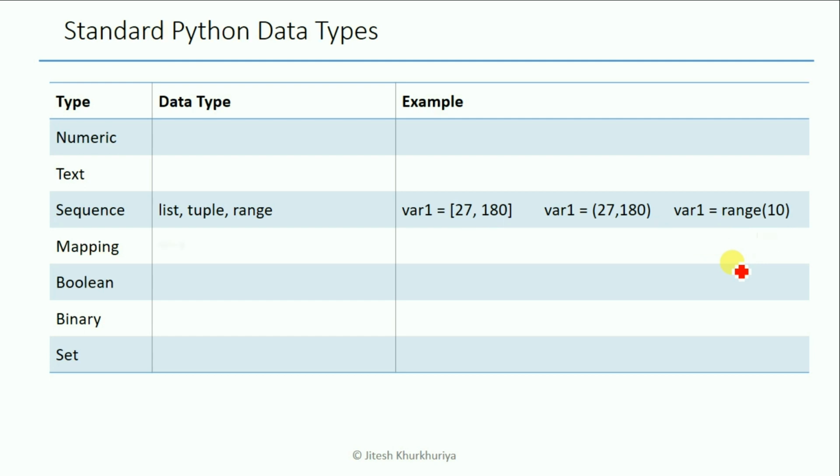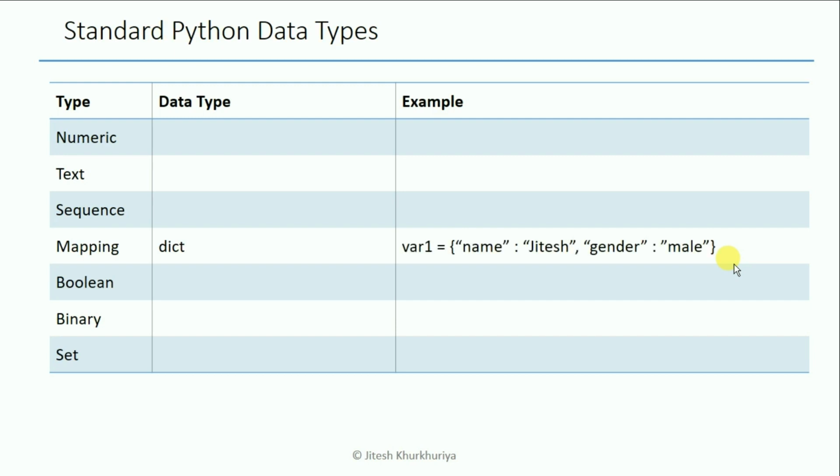All right. Then the next data type is that of dictionary. Now, this is a special data type which falls in the category of mapping, and it behaves like a key value pair, as you can see here. We can basically store as well as access the data using the keys over here, such as in this case name, gender are the keys, while the actual data is Jitesh, male, and so on.